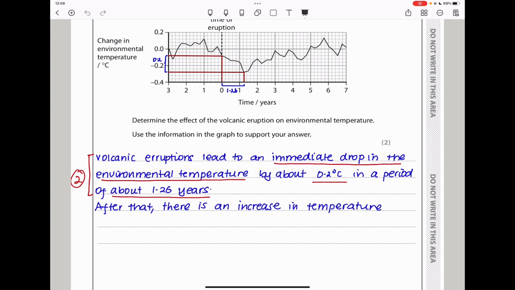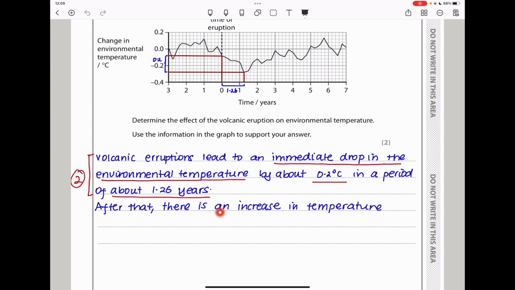So here I said, volcanic eruptions lead to an immediate drop in temperature. We can see it from here. The eruption occurred here, and the temperature immediately went down. So it led to an immediate drop in environmental temperature by about 0.2 degrees Celsius in a period of about 1.26 years.